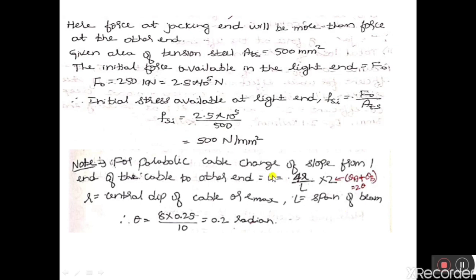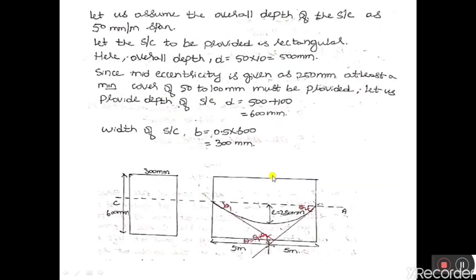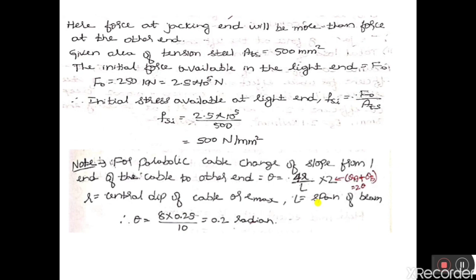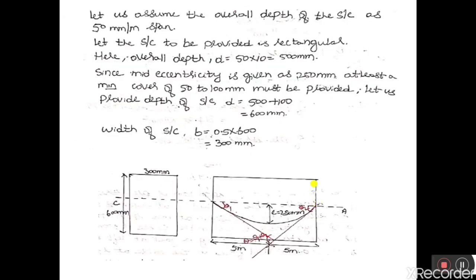So here, first we should calculate the initial pre-stress applied at this jacking end. We know the initial pre-stress at this end is 500 Newton per mm square. So 500 Newton per mm square is the stress at this end after the loss due to friction.